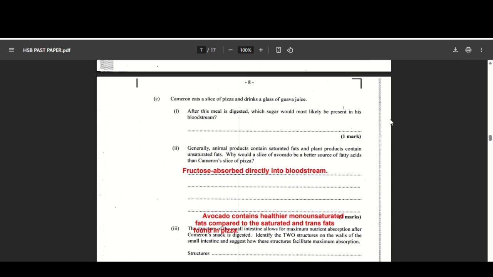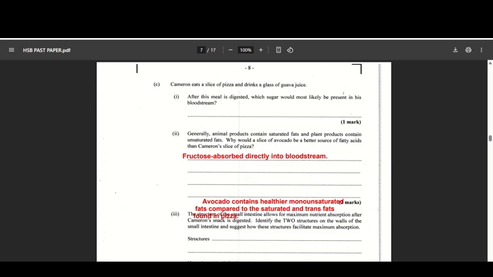Now, part B is saying why would a slice of avocado be a better source of fatty acids than the slice of pizza? Basically, avocado contains healthy unsaturated fats compared to the saturated and the trans fats that are found in pizza.